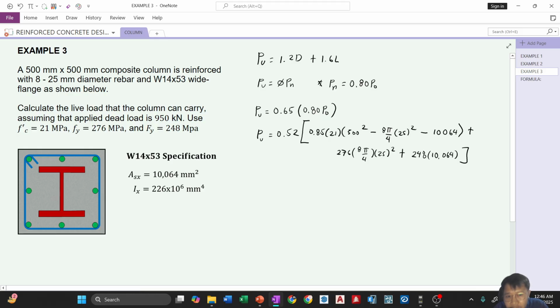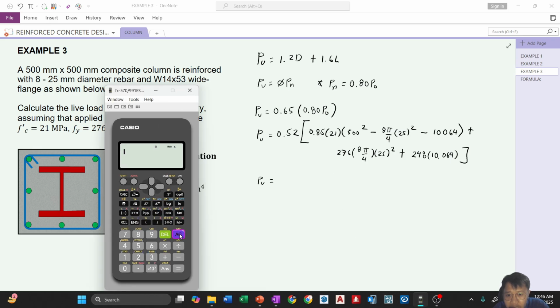Now, we simplify this all. We can now get the value of Pu. Okay? So, solve muna natin yung mga nasa loob siguro. Isa-isahin natin. This is 0.85 times 21 times yung nasa loob.